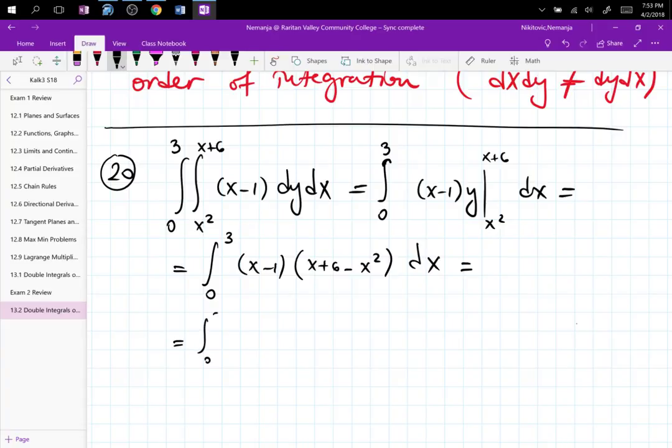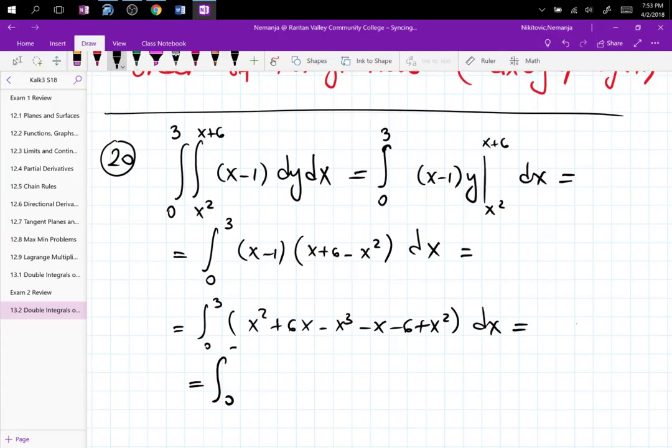So we have integral 0 to 3, and now we have to FOIL all of this. What do I get? I get x squared plus 6x minus x cubed minus x minus 6 plus x squared dx, and then we put this together: negative x cubed plus 2x squared plus 5x minus 6 dx.